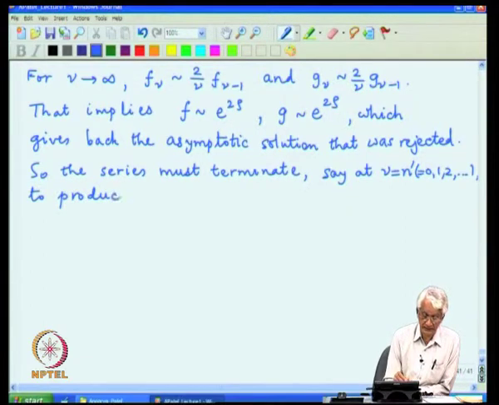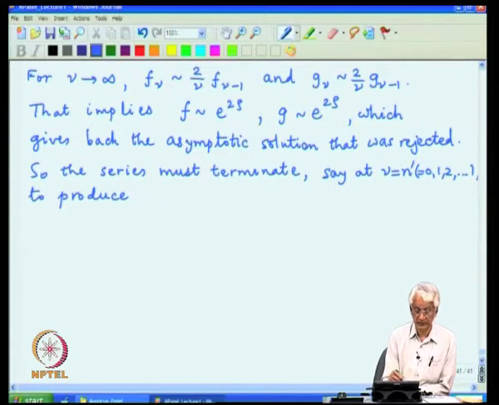If the series terminates, the function is like a polynomial and can be normalized, and it will have a well defined behavior at infinity because of the factor e raised to minus rho, which we have already separated.